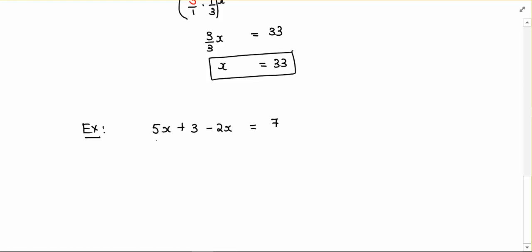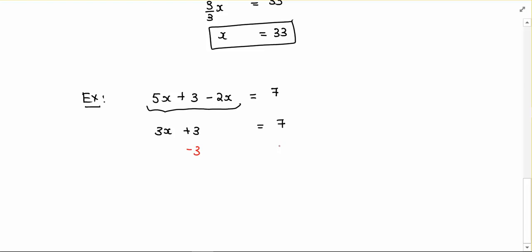We're going to simplify this left side a little bit. By combining my like terms, it's going to take me to 3x plus 3 equals 7. And now we're going to use our additive property of equations, and we are going to add a -3 to the left side, and then we are also going to add a -3 to the right side. So if I did that, over here on the left side, I get 3x, and over here on the right side, I get 4.